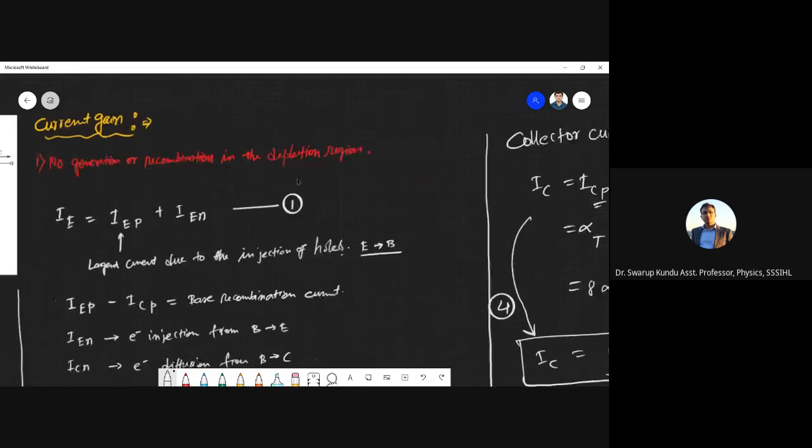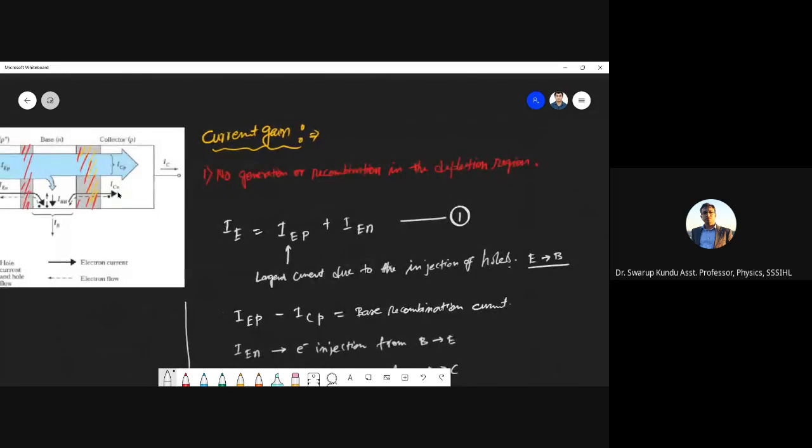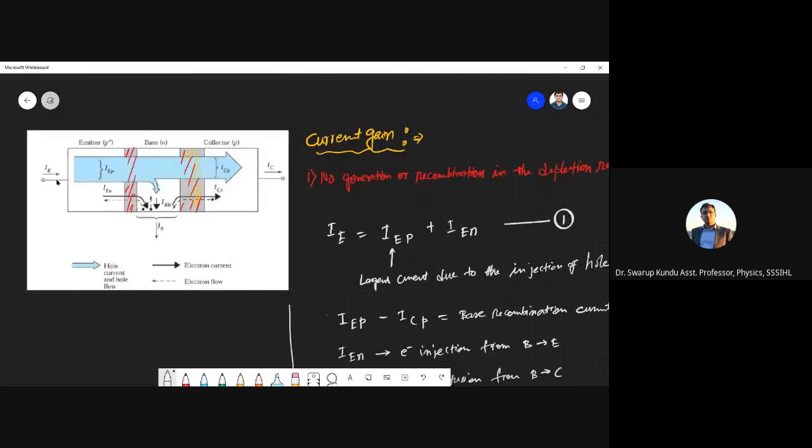Okay, now the notation ICBO, we are just replacing this ICN, because we can get the same ICN by opening the emitter. We can imagine the emitter terminal is open and it's just the reverse bias diode current between base and collector. So it's a reverse saturation current by the electrons when the emitter terminal is open in this transistor.